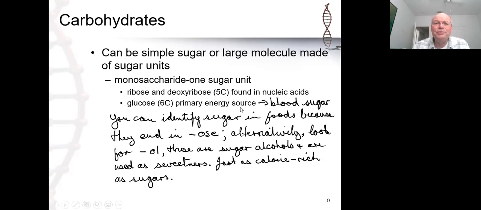And this is the food that our brain preferentially wants to use because it's one of the few energy molecules that can easily cross what is called the blood-brain barrier. Those of you who are going into the health sciences in some form, whether you're going to medical school or nursing school, allied health sciences, if you do our AMP course or some equivalent, you will learn about the blood-brain barrier.